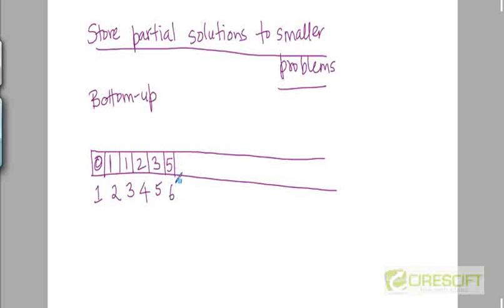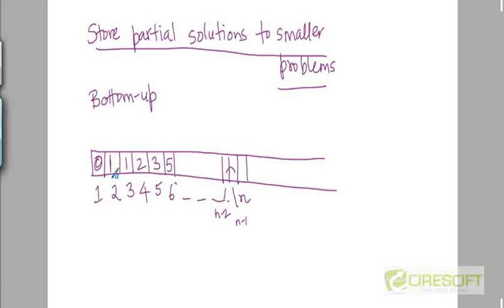So note that when I reach Fibonacci of n over here, I will have already calculated and stored the values of Fibonacci of n minus 2 and n minus 1. And all I need to do in order to calculate Fibonacci of n is to just add these two numbers. I'm storing all the results up to this point.